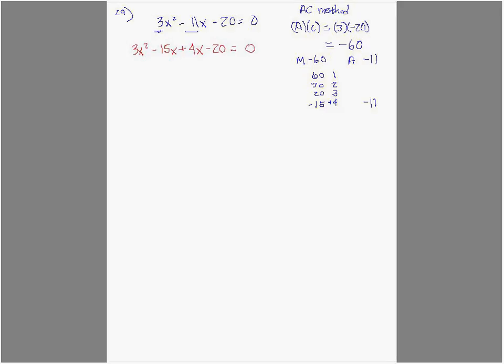So looking at these 2 terms, and then we'll separately look at these 2 terms. So we have 3x squared minus 15x. We want to come up with a GCF there. What's in common between those 2 terms? Well, we can pick a 3 and an x. Perfect. Okay, so we factor out a 3x. We're going to have x minus 5 left over. Okay, we're going to bring down this plus.